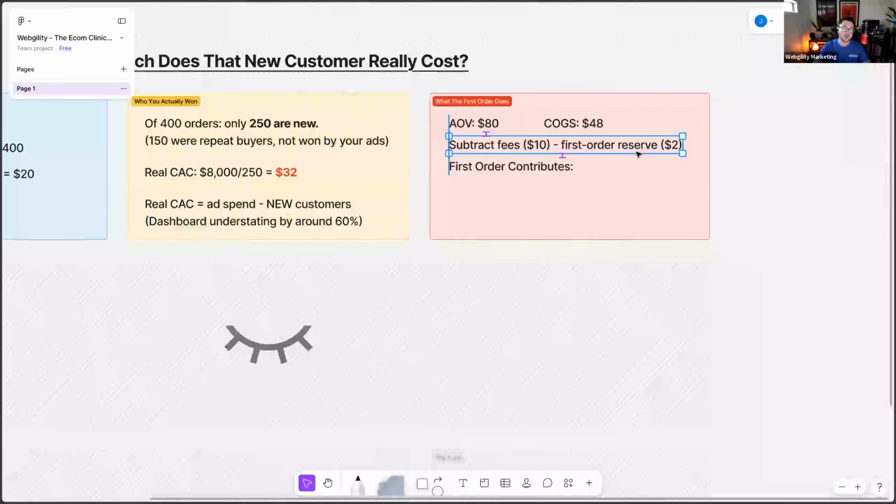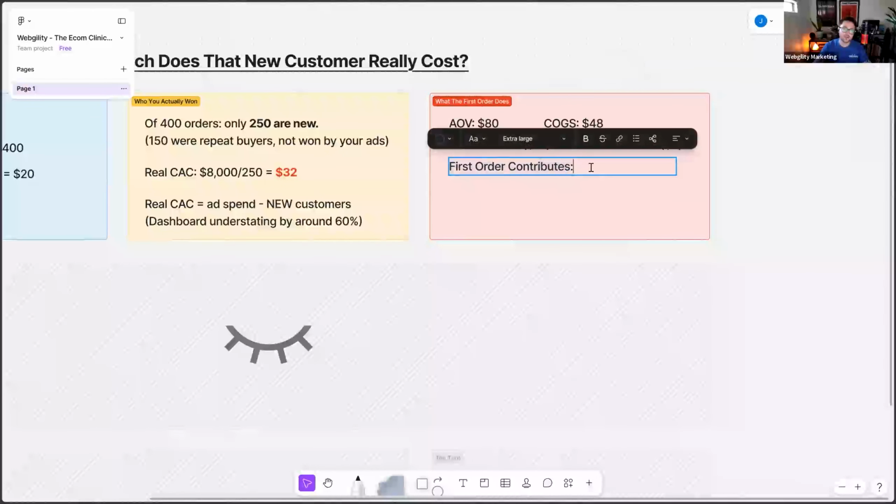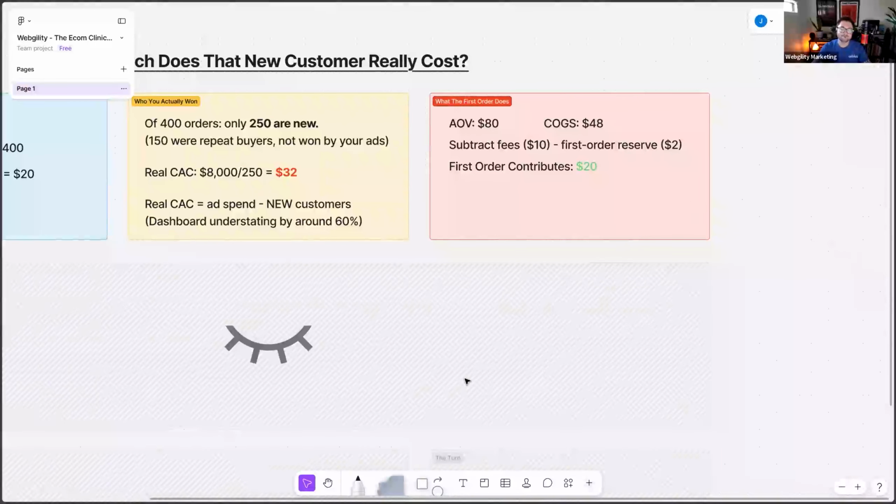So that's another $12 in fees on top of the cost of goods sold. So what you're looking at the end of the day, the first order that a customer places actually contributes $20. And I'm going to make that green because we want to know that that is money that we're getting, right? So the first order contributes $20.